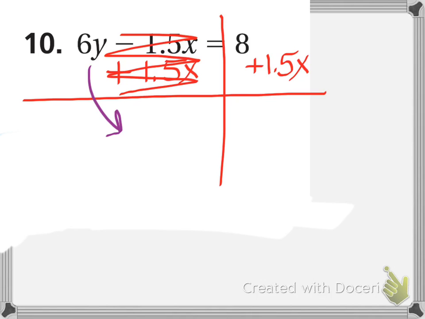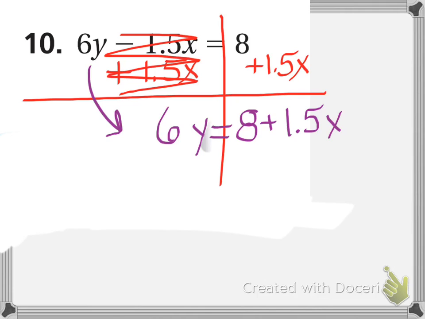Bring down what I haven't used yet. So I still have 6y. 6y equals 8 plus 1.5x. What's my last step? Get y totally by itself, so now I have to divide by the coefficient.